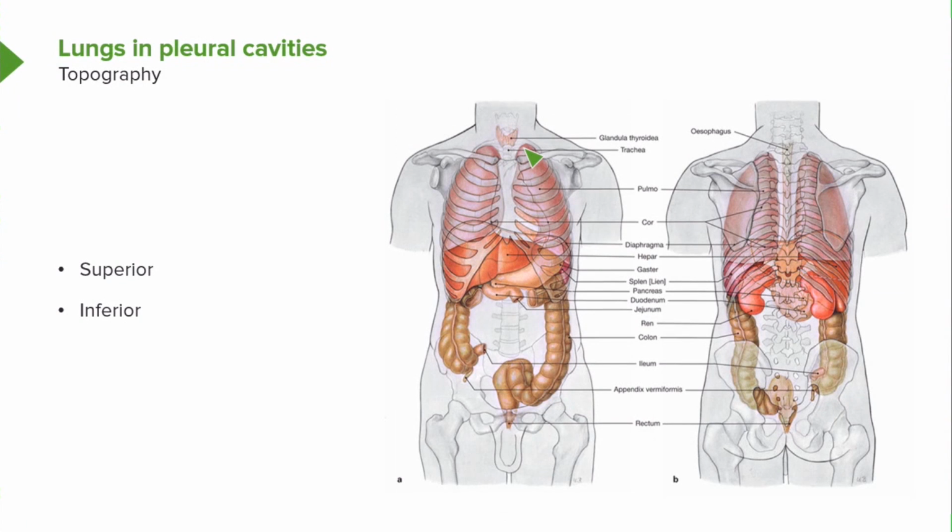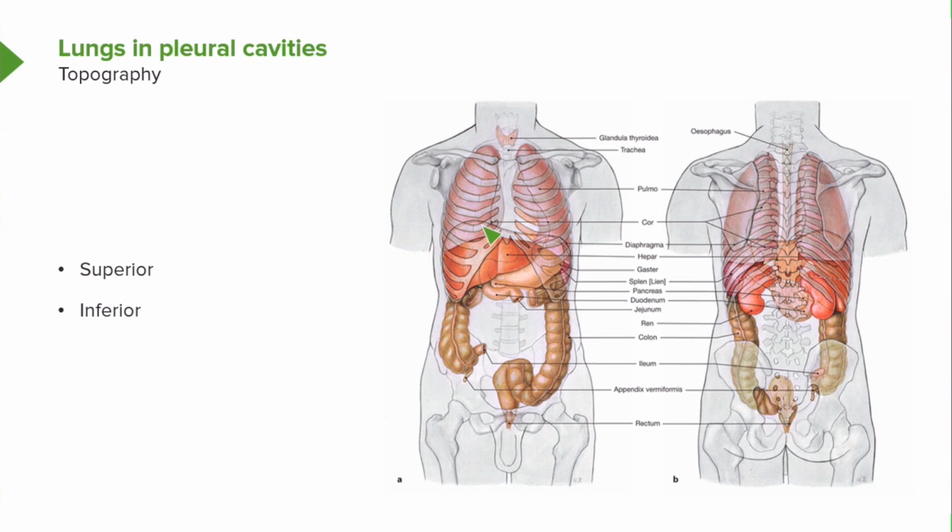We also see the apex of the left lung projecting above the left clavicle. And if we take a posterior view of the apices of the lungs, they'll have a vertebral level relative to C7, the vertebra prominens. The distance above the clavicle is about 2.5 centimeters, which would be equivalent to 1 inch.